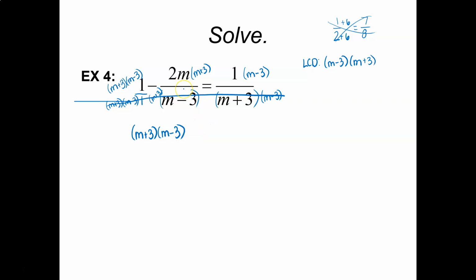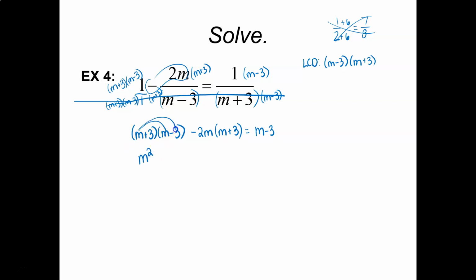Right here is a really good place to make sure, don't distribute just yet, or if you do, you got to recognize that the negative goes with the 2m. So, I'm just going to wait. Now the 1 here, I'm just going to make this m minus 3. Alright, so to multiply m plus 3 and m minus 3, I've got to distribute, but this is going to be a difference of squares, because I'll have m times m, which will give me m squared.